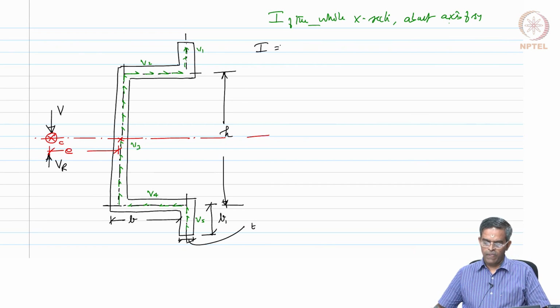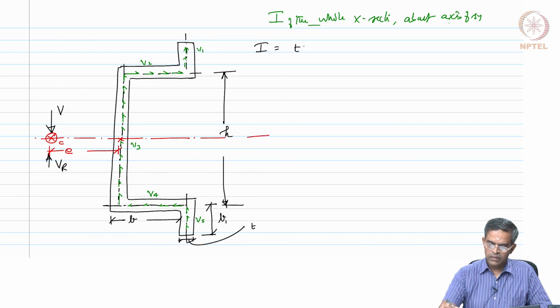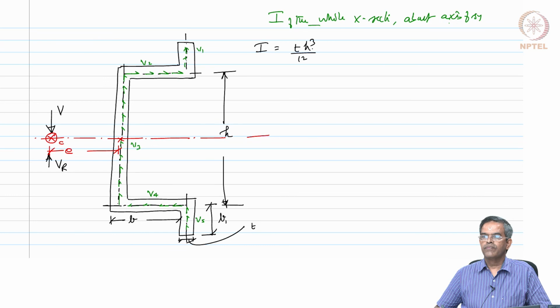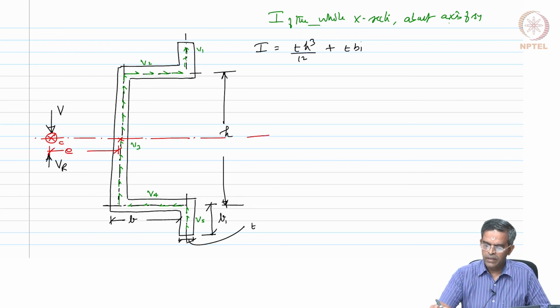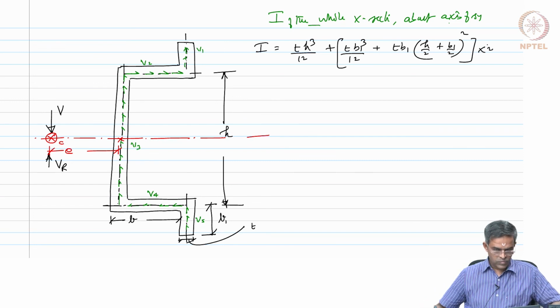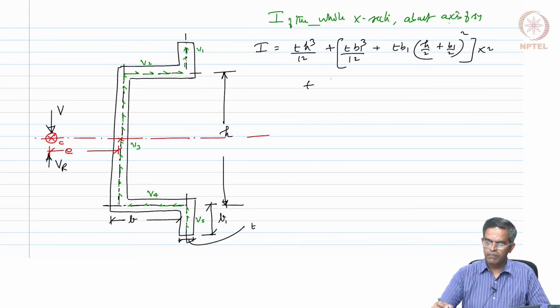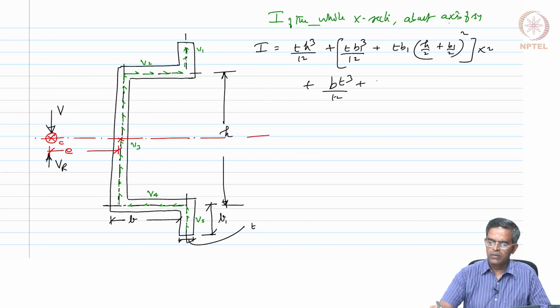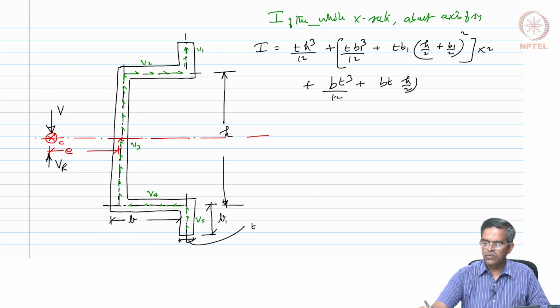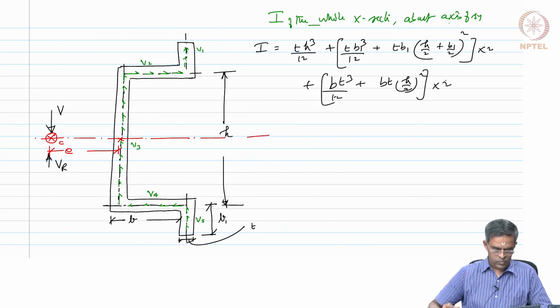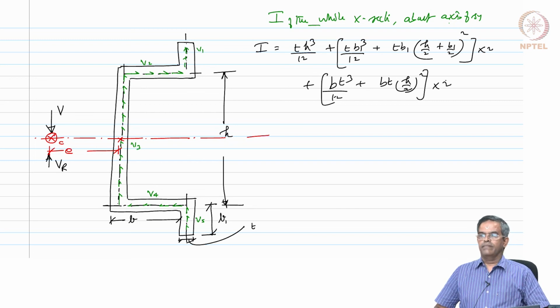I equals t h cube by 12 plus t b1 cube by 12 plus t b1 times h by 2 plus b1 by 2 the whole square, into 2, plus b t cube by 12 plus b t times h by 2 the whole square, into 2. So, I get I.